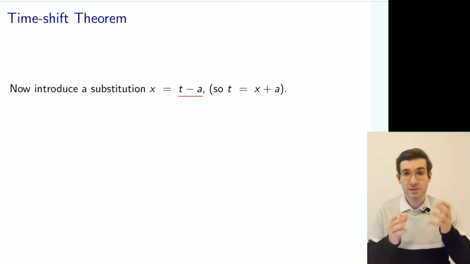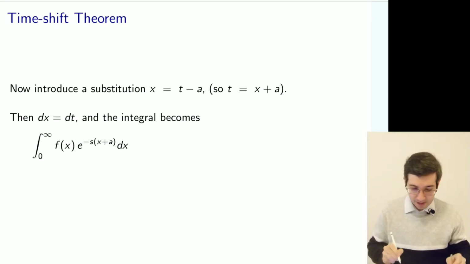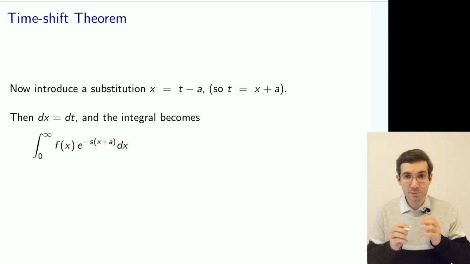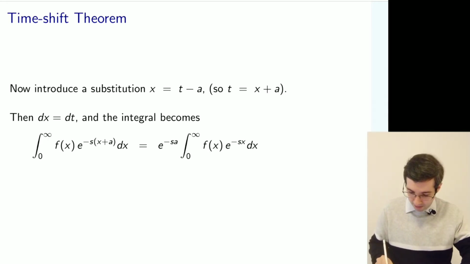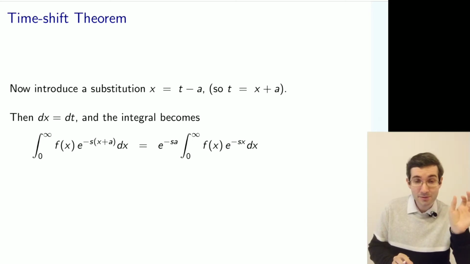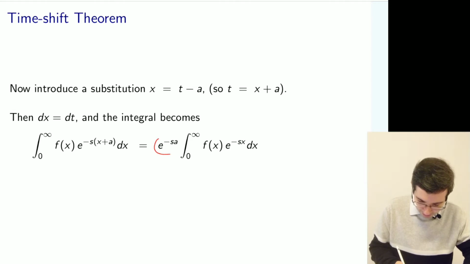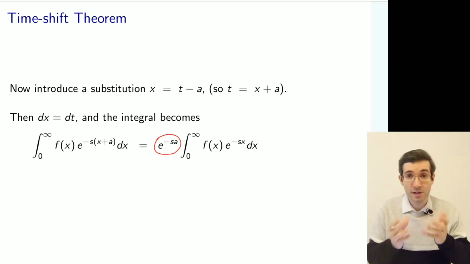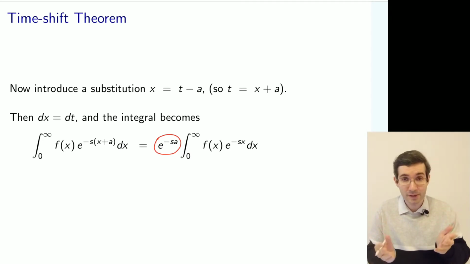We can write another variable x is t minus a, or t is x plus a, and so on. And then the integral will become that. And we can take the exponential out of the integral because that is just a number. It does not depend on x, so we don't integrate it with respect to anything.